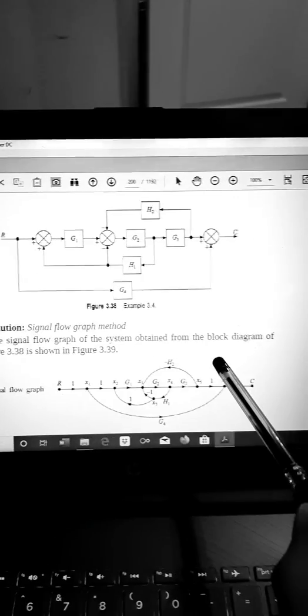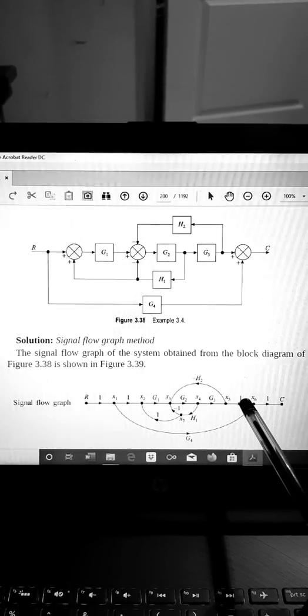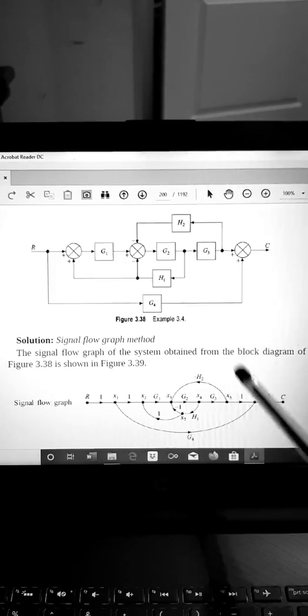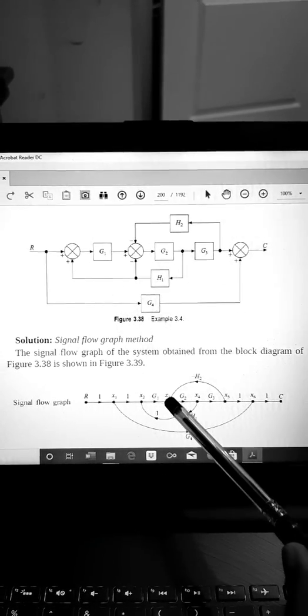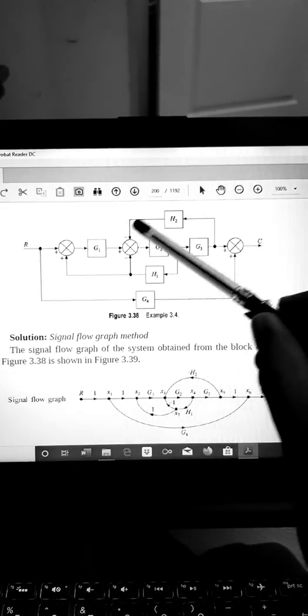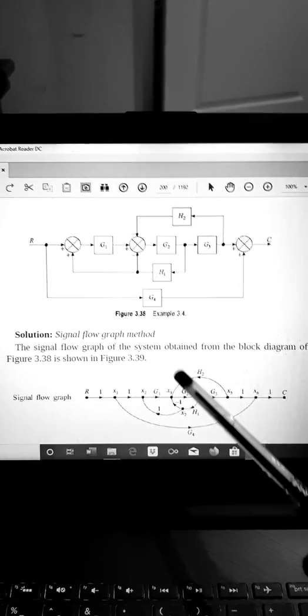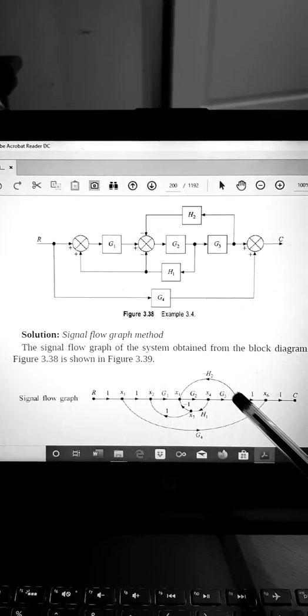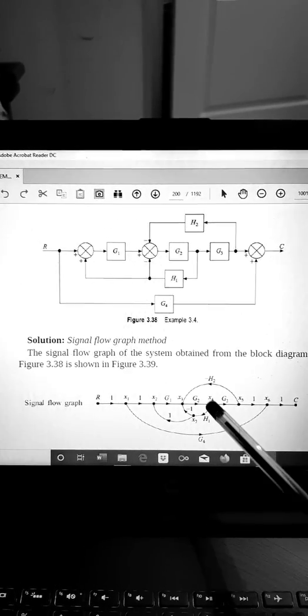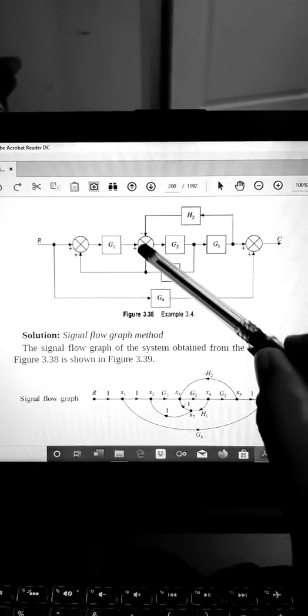This point is x4, then this point is x5. From x5 till x6 again there is no block, so here also you have to put the gain 1, and from x5 back to x3, from x4 again to x3.